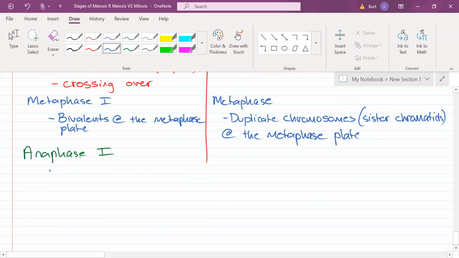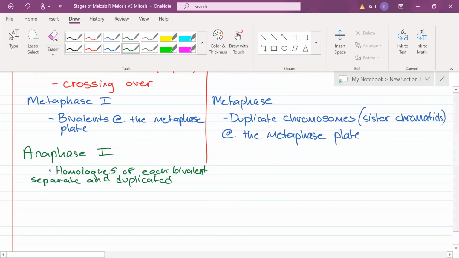In anaphase 1, homologs of each bivalent separate and duplicated chromosomes move to poles.